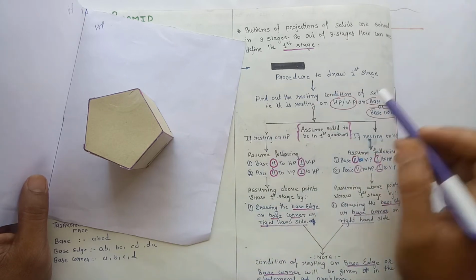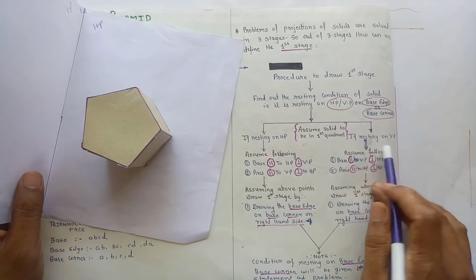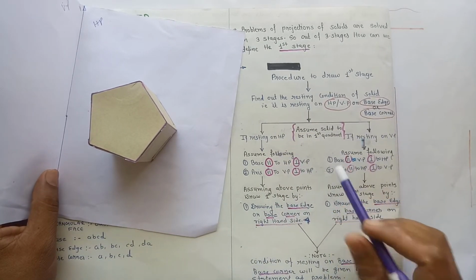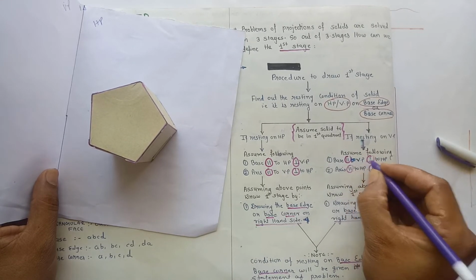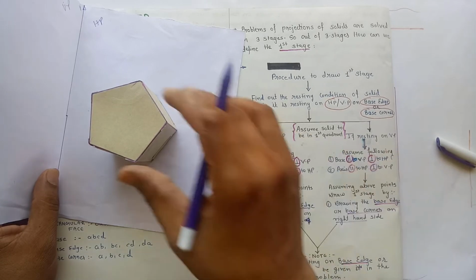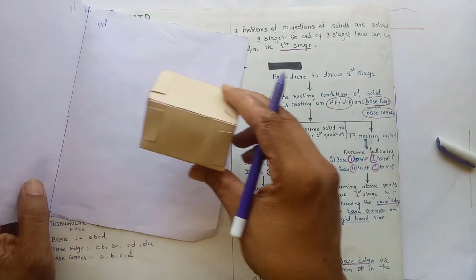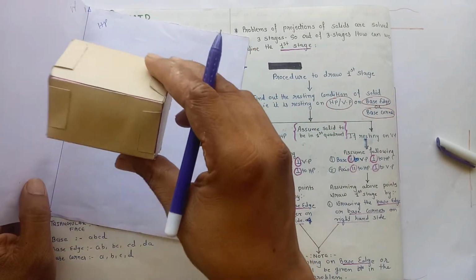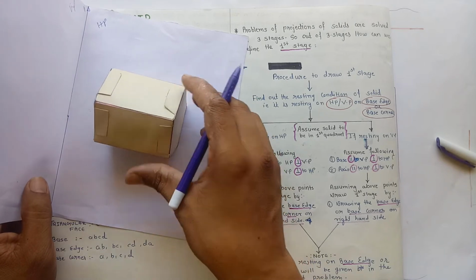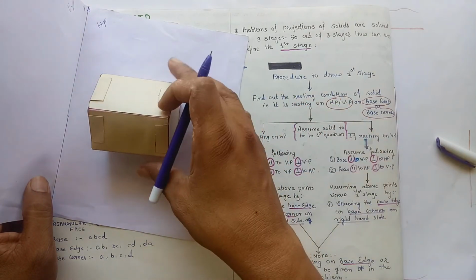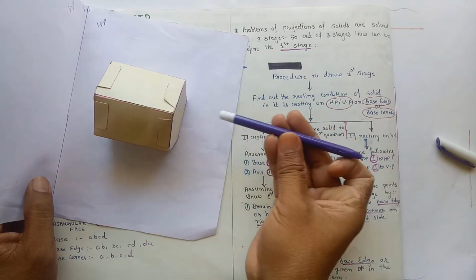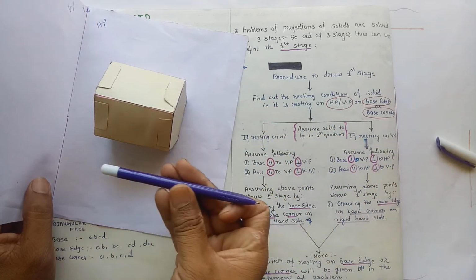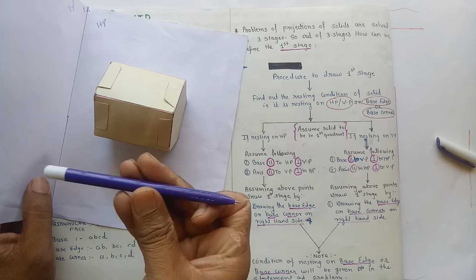Now if the solid is resting on VP, assume these particular points: base parallel to VP and perpendicular to HP. That means the base should be parallel to VP and perpendicular to HP, and vice versa. If the base is parallel to VP and perpendicular to HP, the axis of the solid will be perpendicular to VP and parallel to HP.